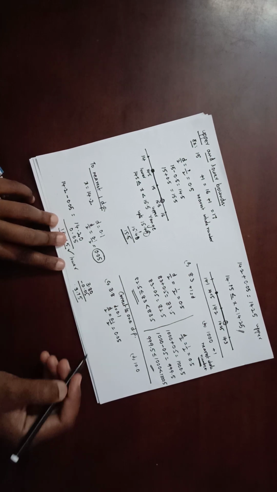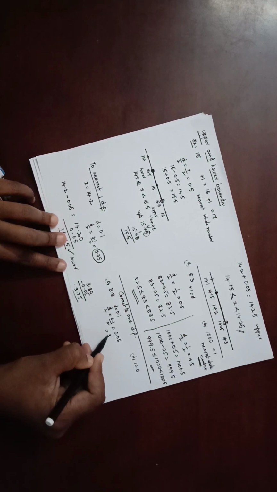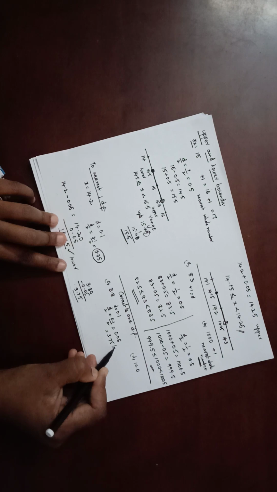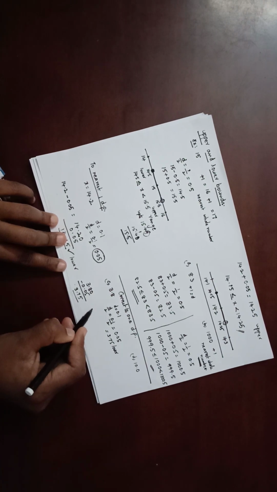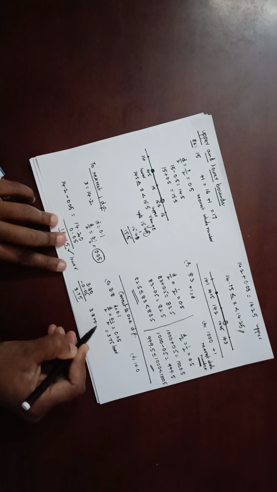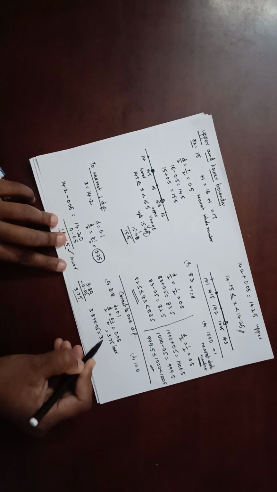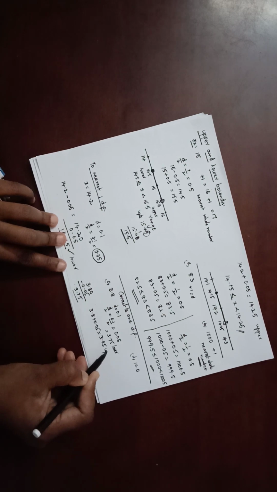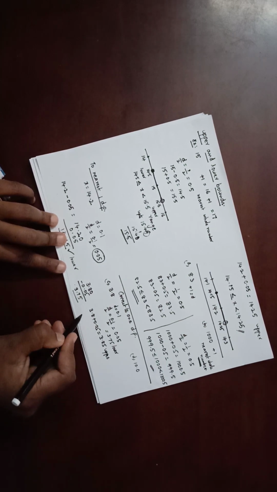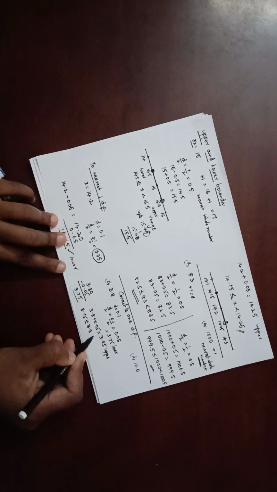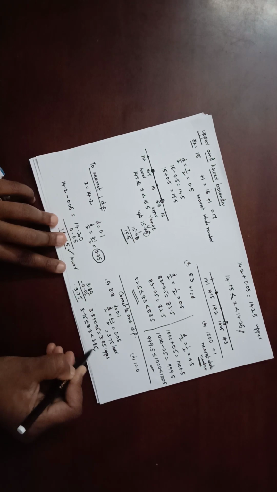So this is 3.75, the lower bound. For the upper bound, you add 3.8 plus 0.05, so there is 3.85. This is the upper bound. So 3.75 less than or equal to 3.8 less than 3.85.